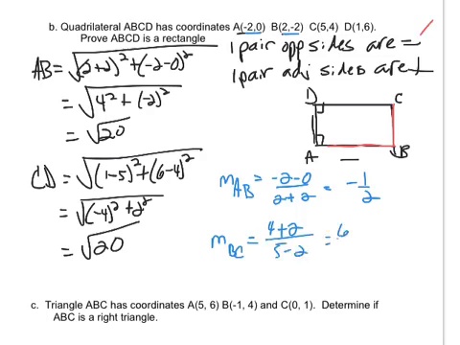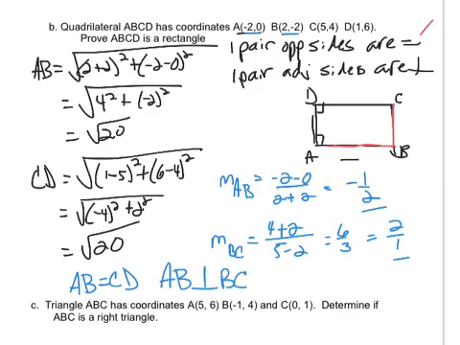So that's 6 over 3. That's going to be positive 2 over 1. So we have AB is equal to CD, and because these are negative reciprocals, I can say that the slope of AB is perpendicular to BC.